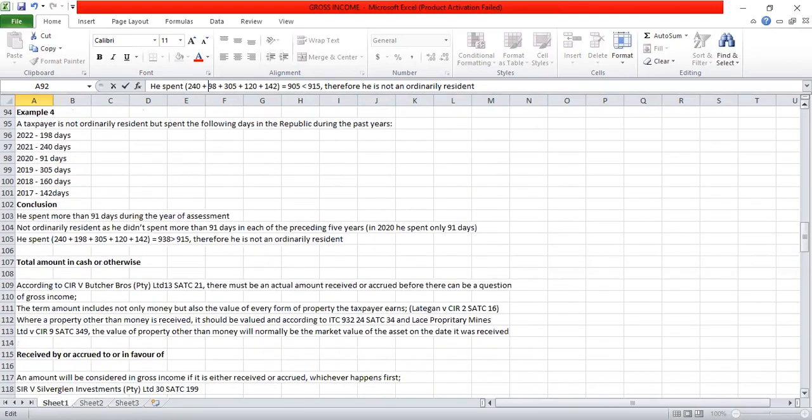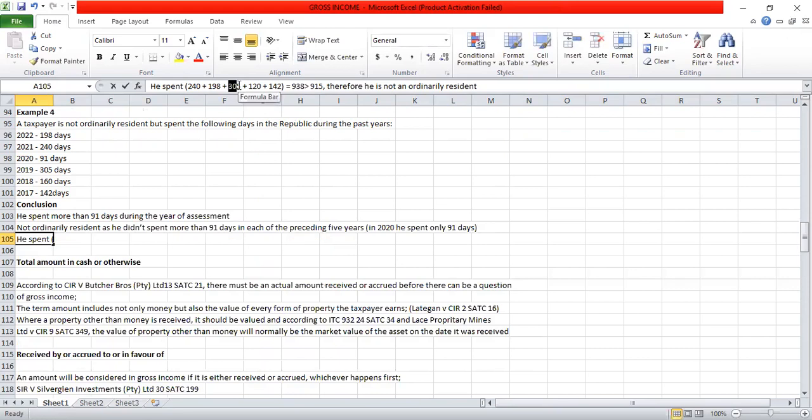So here, it's supposed to be 240 plus 91, plus 305, plus 160, then 142.